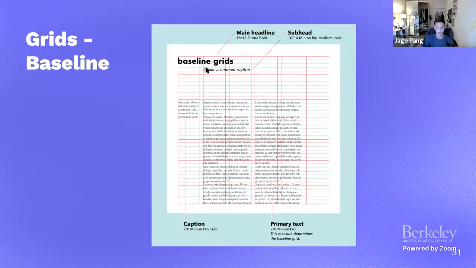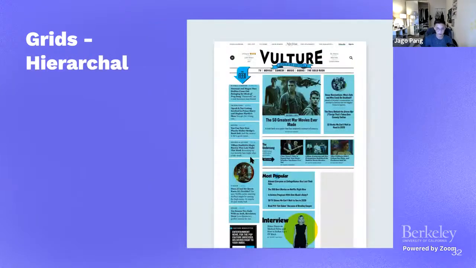You align all your items within the flow line, not necessarily within a column, but more so on the flow line. Hierarchical is not really a grid layout per se, but it's something to keep in mind: you place the biggest item at the top and go down in size.